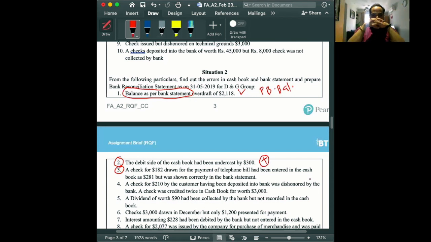Minus. Everybody minus, anybody plus? I think it is plus. Anybody else who thinks plus? Okay, so some say plus, some say minus, so we will check later.